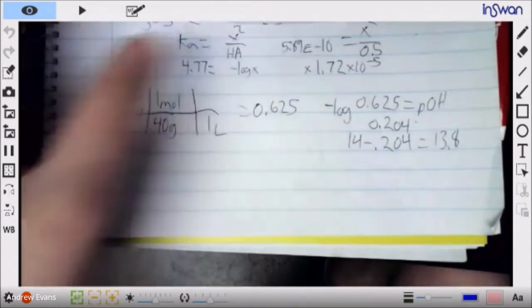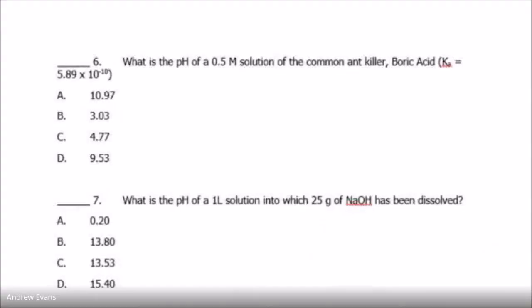That is our pH, 13.8. So that is how we had done the first 7 problems.